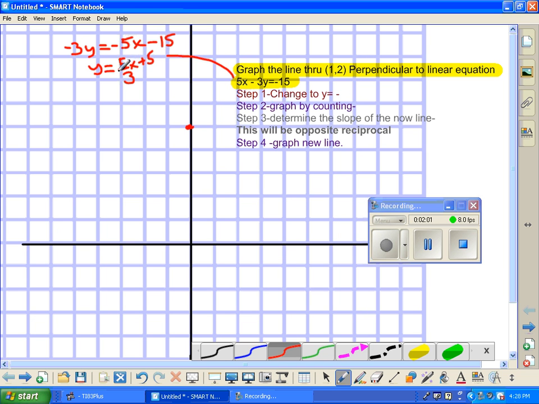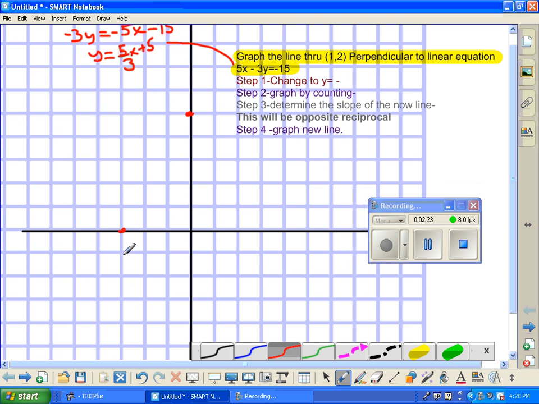So why don't we just go down and to the left, because we know that two negative directions is the same as a positive. If we go down 5 and to the left 3, we still have our positive slope. We go down 5, 1, 2, 3, 4, 5, and over 1, 2, 3.